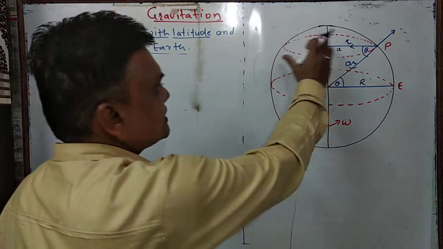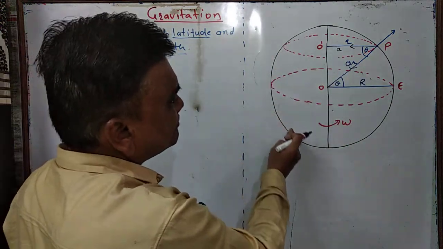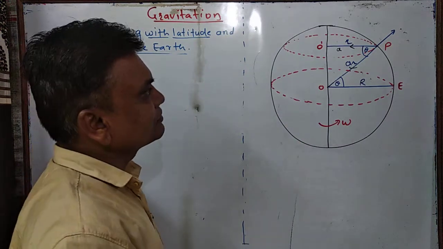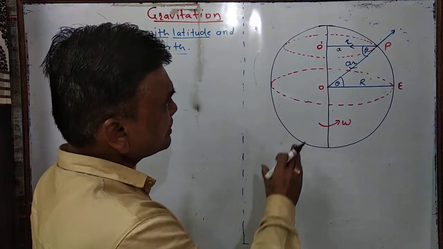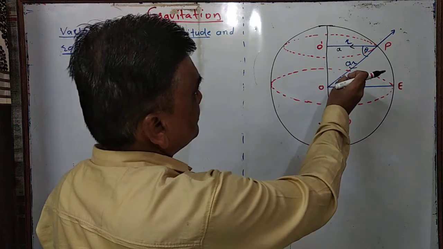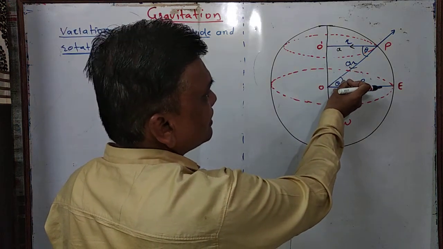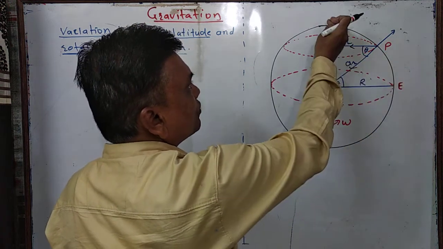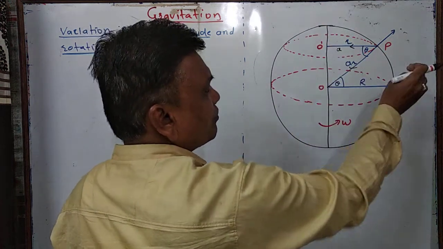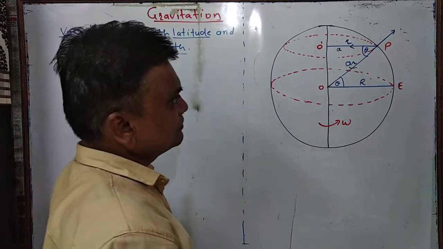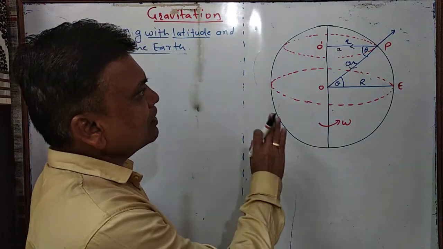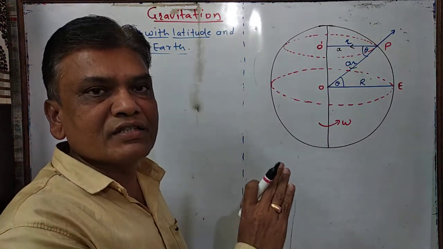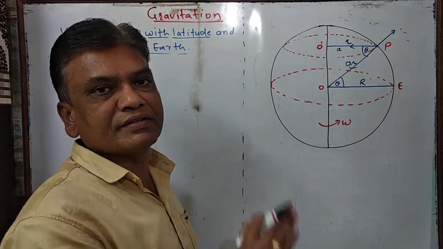So in this figure, this black circle shows the Earth. Theta is the latitude, and it changes as we go from equator to pole. E is the point on the equator. Now, as the Earth rotates about its polar axis, all particles of it also rotate.